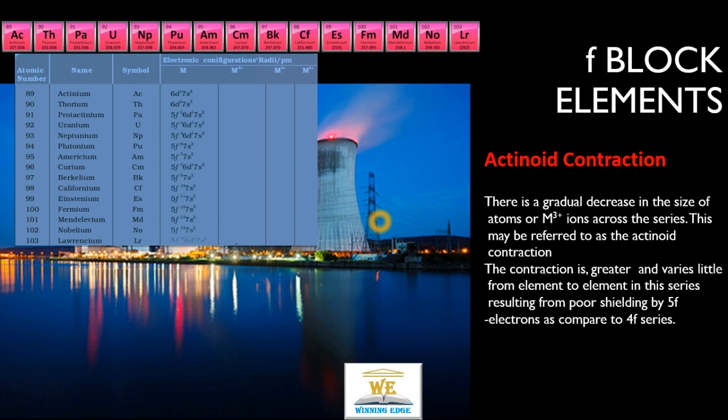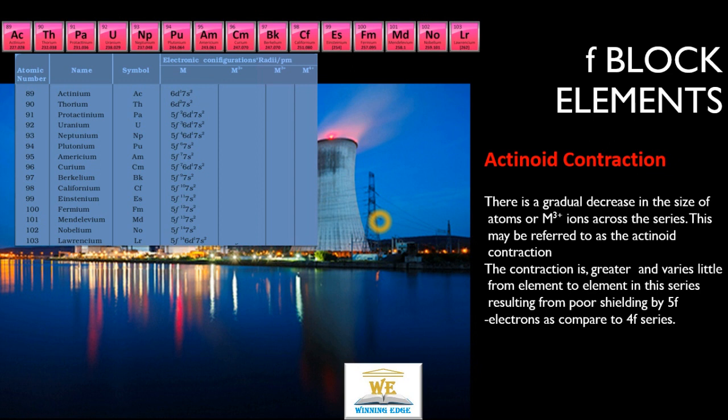Looking at the electronic configuration of these elements in the neutral ground state, actinium has 6d1 7s2, 89. Thorium has 6d2 7s2, so still there is no filling of the 5f orbital. Then we have protactinium 5f2 6d1 7s2, uranium 5f3 6d1 7s2, neptunium 5f4 6d1 7s2, then plutonium 5f6 7s2.